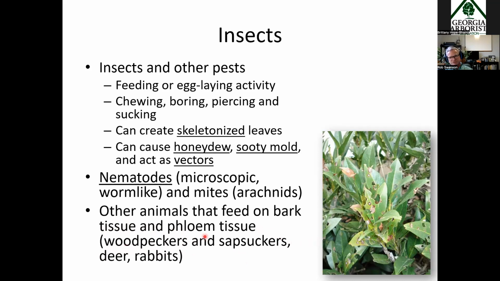Sapsuckers are a category of woodpecker. If you ever see all those holes perfectly lined up on the trunk of a tree, those are sapsuckers. Deer like to rub their antlers on the trunks. Rabbits like to munch on the small fibrous root tissue, stuff like that.